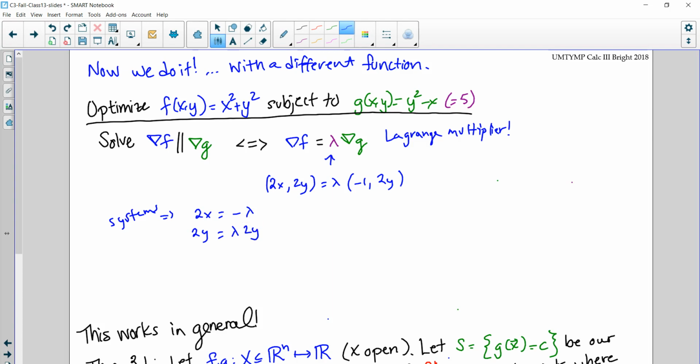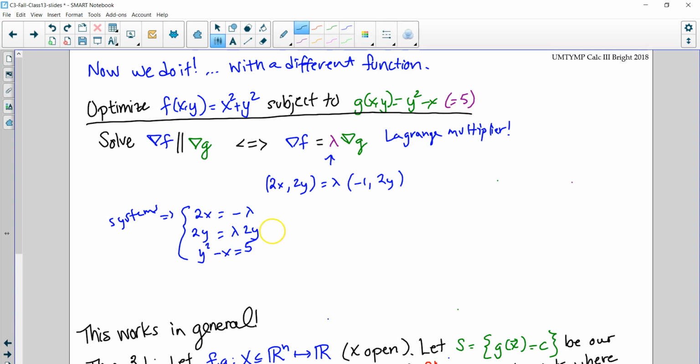And then in this system, these are constraints, right? So I need to include my initial constraint. So I would have y squared minus x is equal to 5. Okay, so these are just your constraints. Make sure to have all of them. And so then you can solve this.